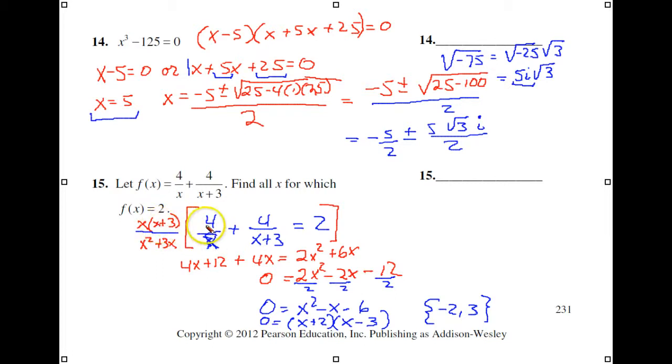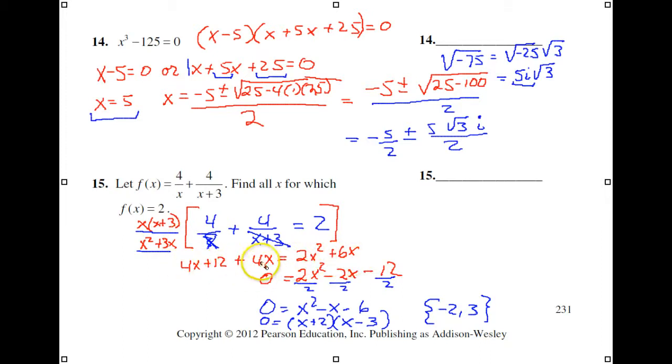And I'm left with 4x plus 12. Here this cancels out, and I'm left with just 4x. And then I have to multiply 2 times this, which is actually that. So 2 times that gives me 2x squared plus 6x.